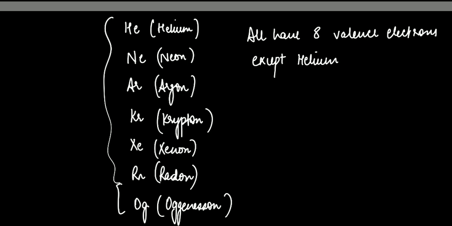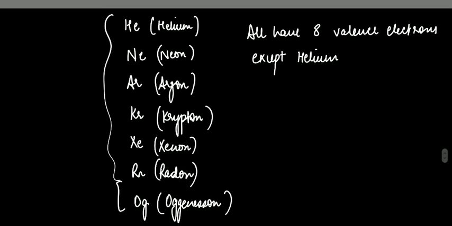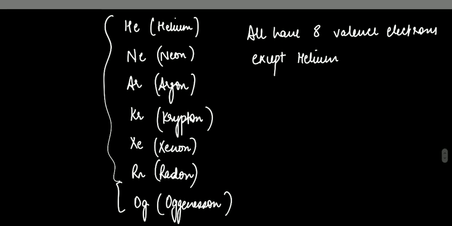Helium has only the K shell complete, that is atomic number 2. So these noble gases are generally stable. They are stable by nature. I call them the role model of the periodic table. According to my imagination, and you can say according to the science also, the other elements try to imitate the electronic configuration of these noble gases.